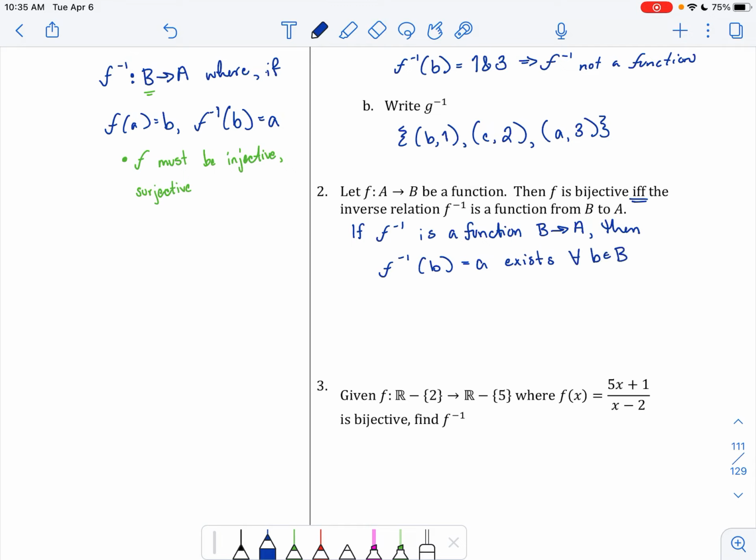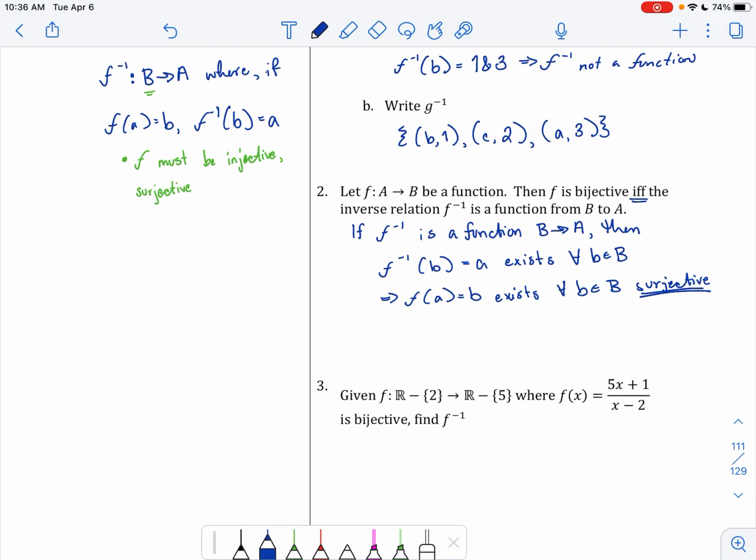So therefore, f of a equals b exists for all b in B. That means that it must be surjective, and so that proves surjectivity.